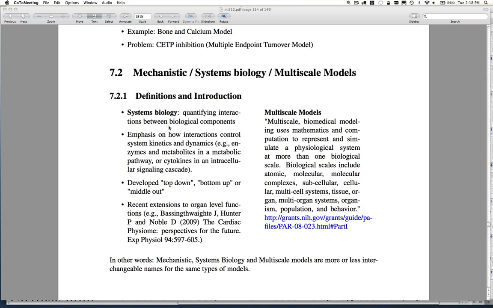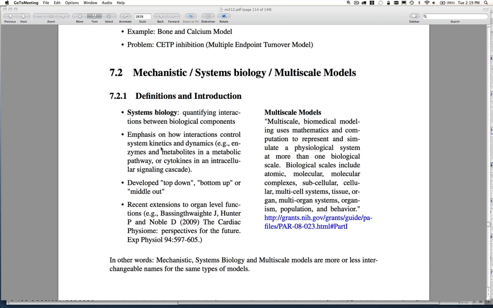When you get into systems biology talk, oftentimes they talk about things being either top down, bottom up, or middle out. Really, what that refers to is where they're starting from and where they want to go. If there's an outcome measure that they're looking at and they have a fairly good idea of how to describe that dynamically and quantitatively, yet they're trying to then drill down from that outcome into the actual signaling pathways and biochemistry affecting that, that's when they talk about going top down.